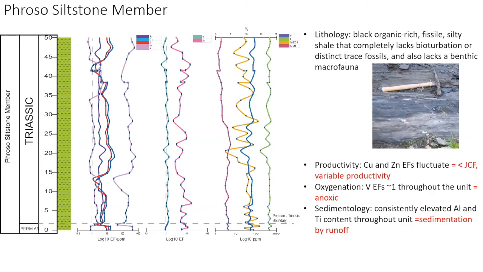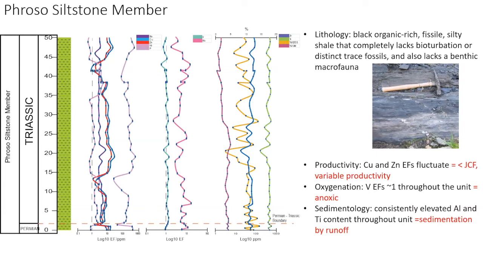All right, moving on, Phroso siltstone member. For productivity, we have that it is productive. However, it is not to the same extent, again, as we saw in the Johnson Canyon Formation. And with copper and zinc enrichment factors fluctuating, that tells us that we have variable productivity during the deposition of the Phroso siltstone member.